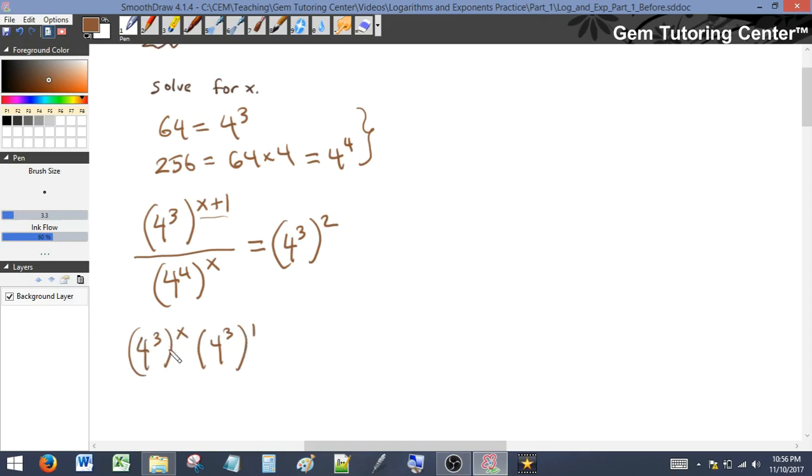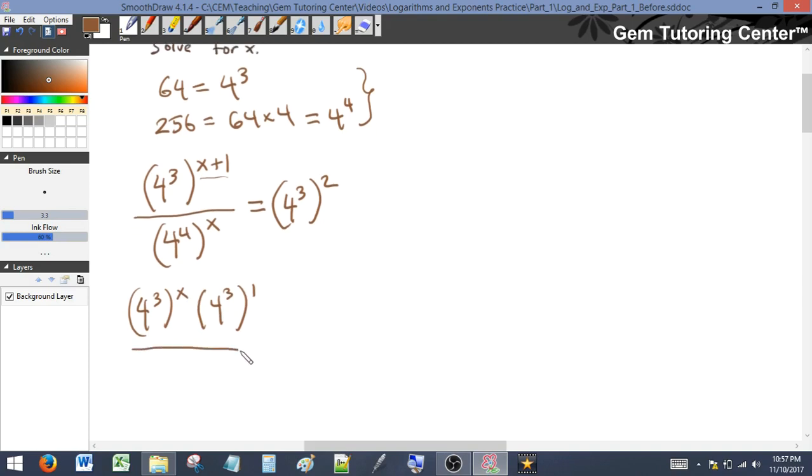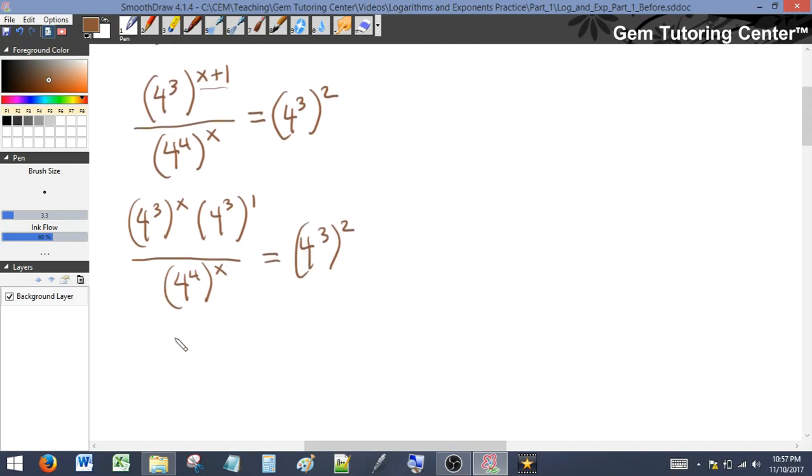So when I take the base 4 cubed to the x and multiply by 4 cubed to the 1, the x and the 1 will add and we'll get 4 cubed to the x plus 1 as we had up here. Okay? The bottom is still 4 to the 4 to the x, and the right side is still 4 cubed squared.